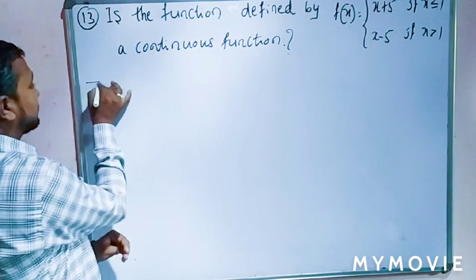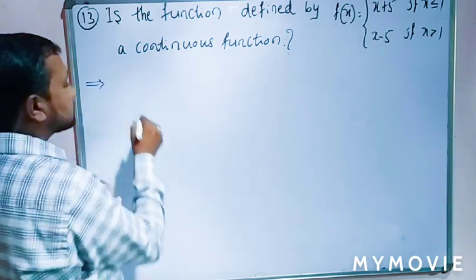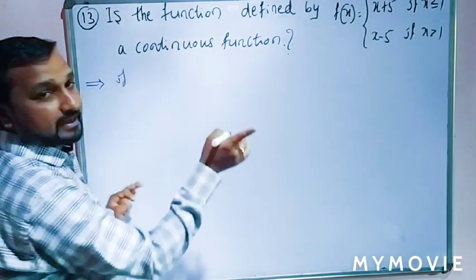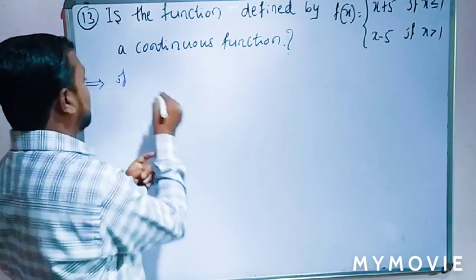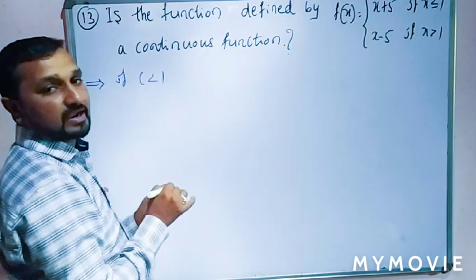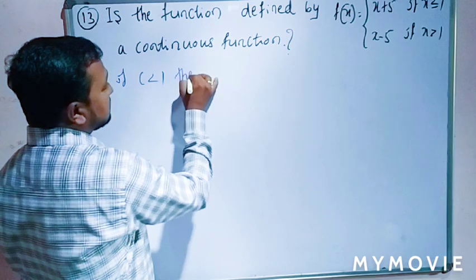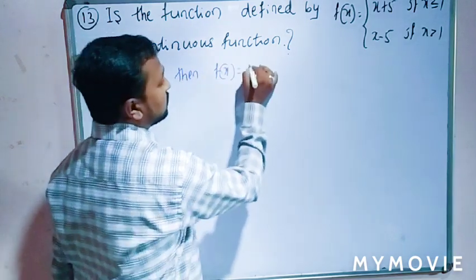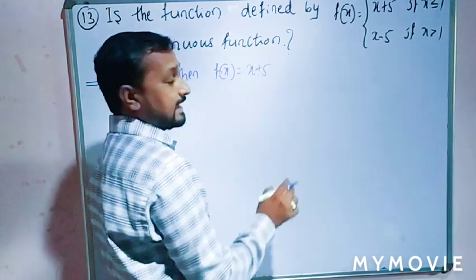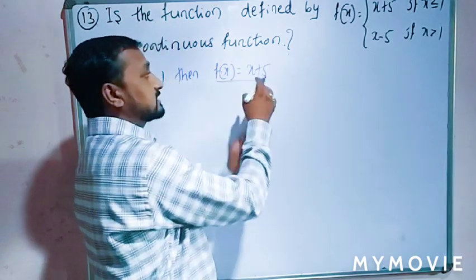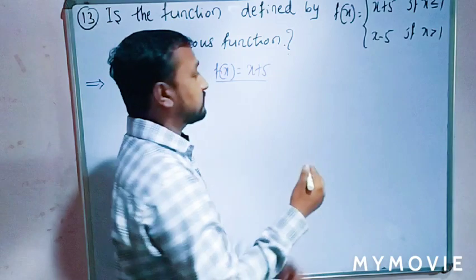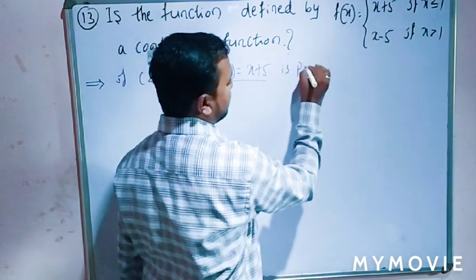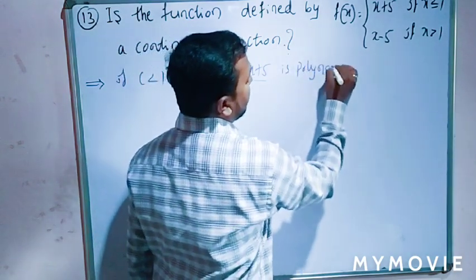So I can write the solution of this example. The first case is every real number c less than 1, then what is your f of x? Then f of x is equal to x plus 5. This f of x equal to x plus 5 is a polynomial function.